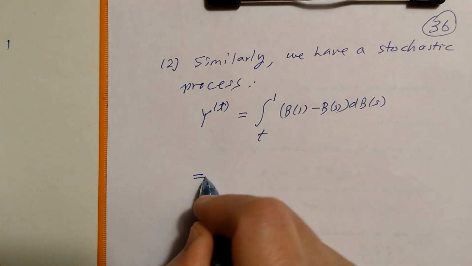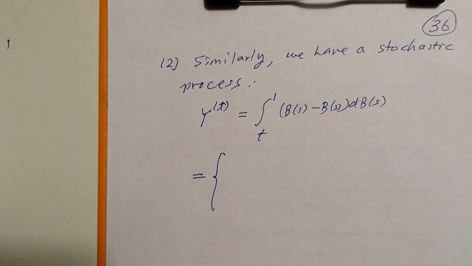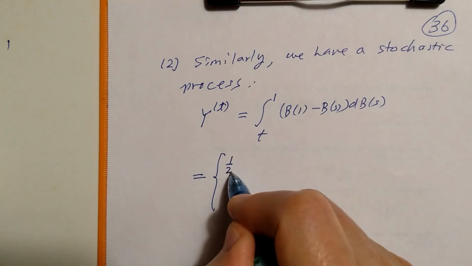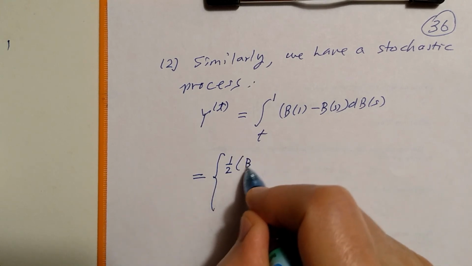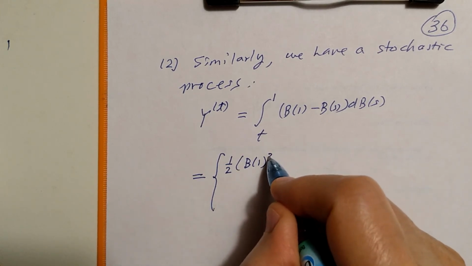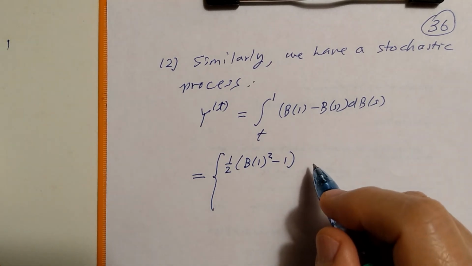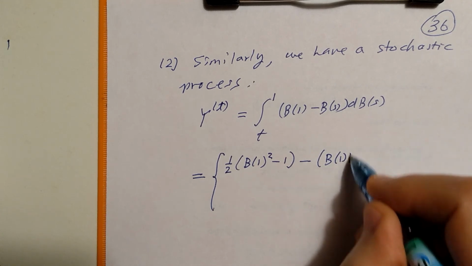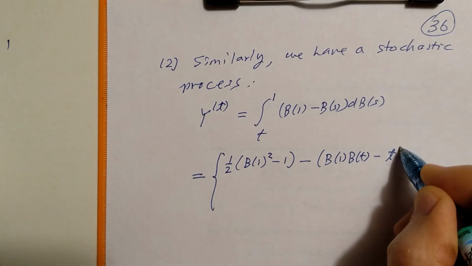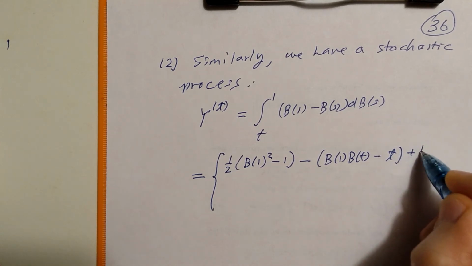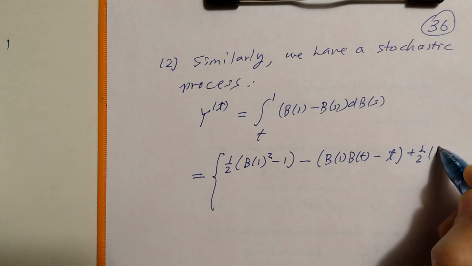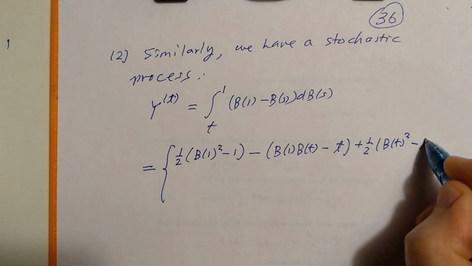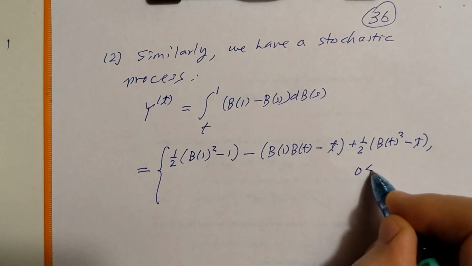And we can compute this in a similar way, and that equals 1/2 of (B1 squared minus 1) minus B1 (Bt minus t) plus 1/2 of (Bt squared minus t). And this is for t between 0 and 1.